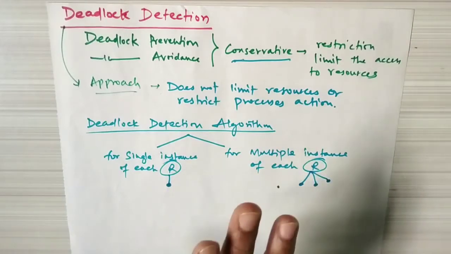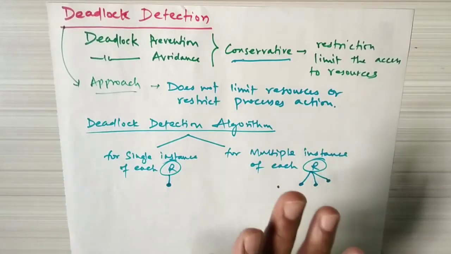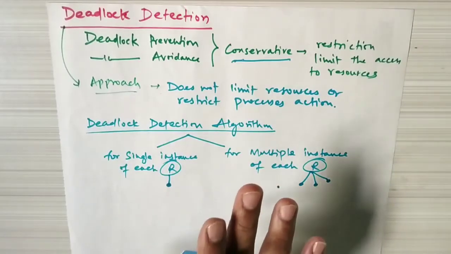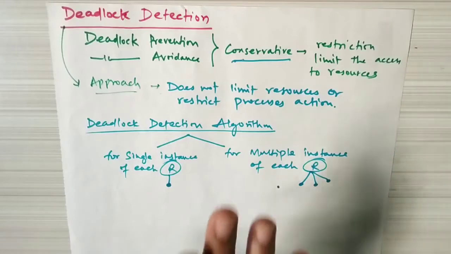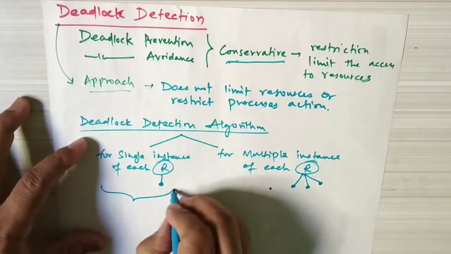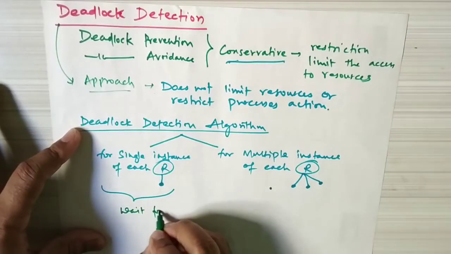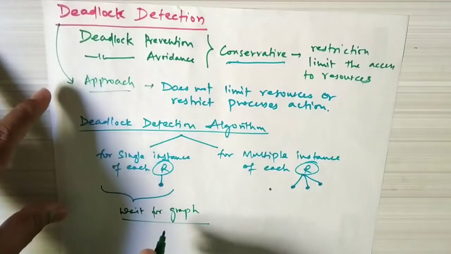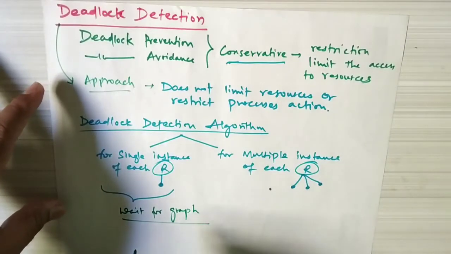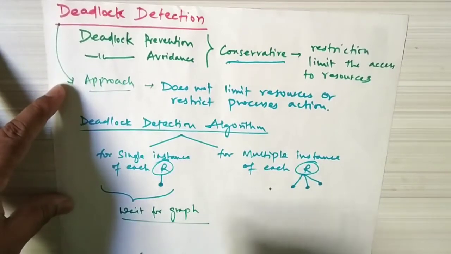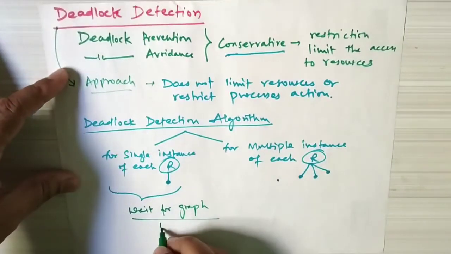So how are we going to detect the deadlock? We are going to detect the deadlock by drawing a wait-for graph. And how can we obtain this wait-for graph? We can obtain it using the resource allocation graph.